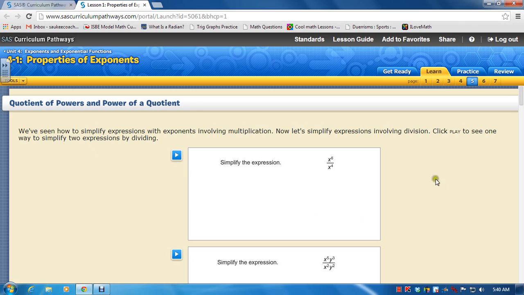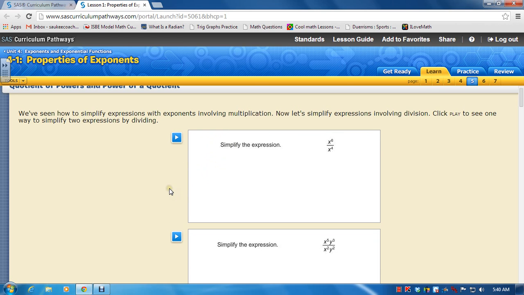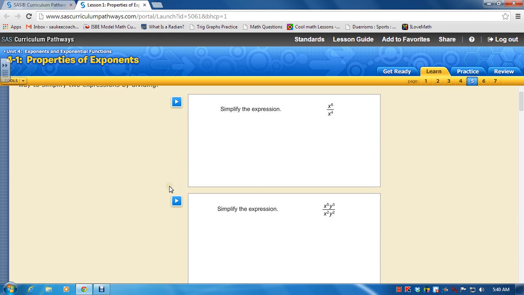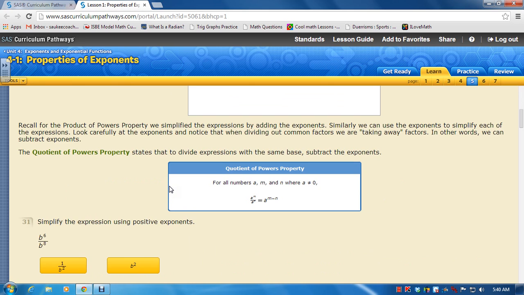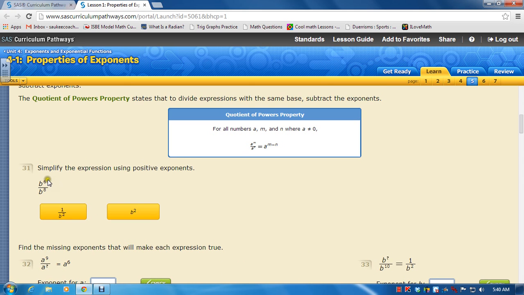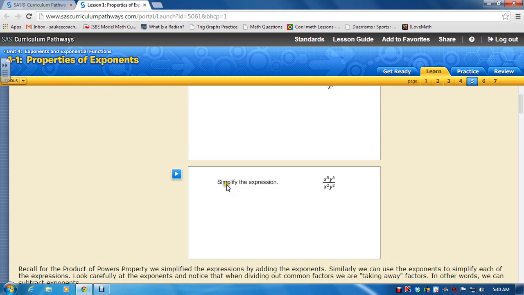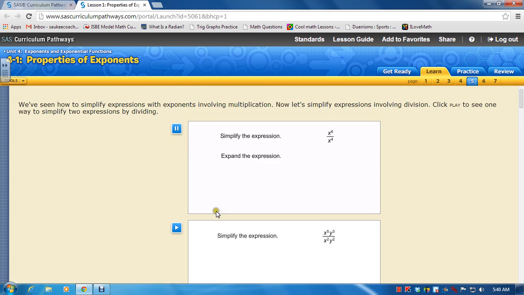The quotient rule, I think we all had a fairly good handle on the quotient rule. Remember that to use that quotient rule, I'm going to skip right down to it, we simply subtract, right? Okay, so let's look at what they do here. We could expand it all like I did in class and then simplify the ones that simplify.